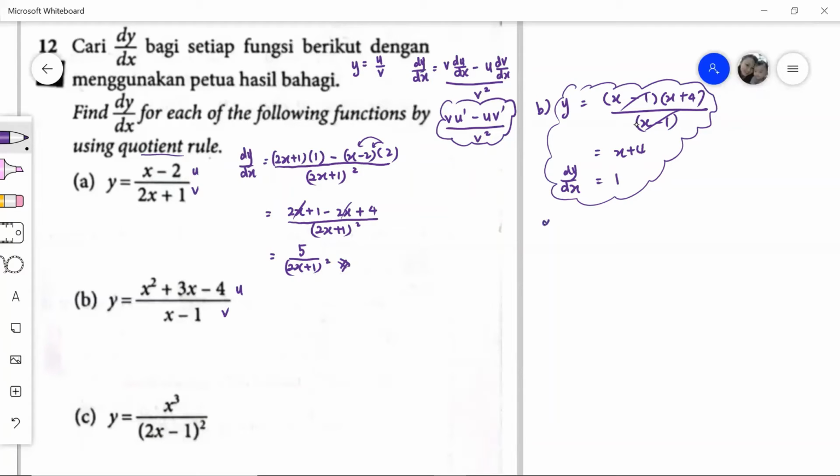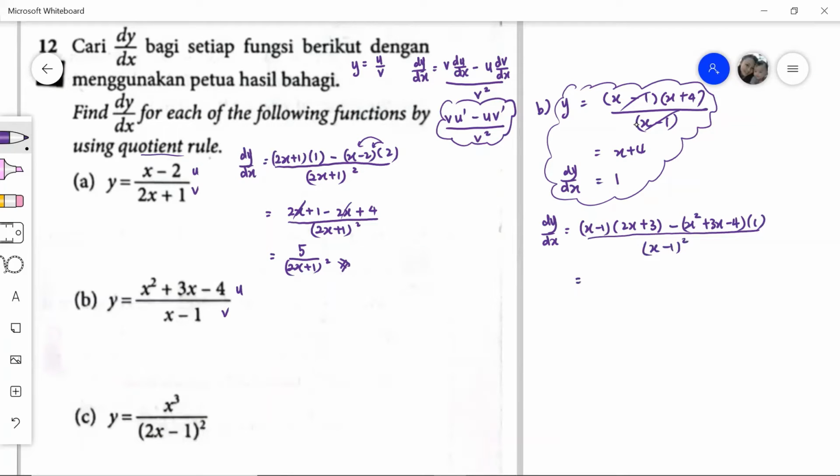So dy/dx will be stay v and differentiate the u. The u is x squared plus 3x minus 4, so its derivative is 2x plus 3. And then minus stay u, which is x squared plus 3x minus 4, and differentiate the v, which is 1, over the v squared, so (x minus 1) squared.